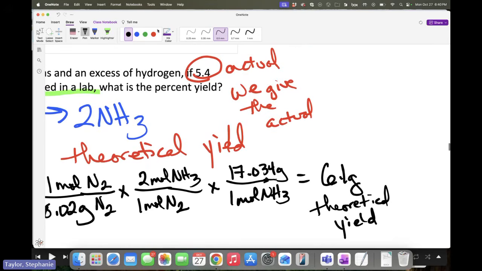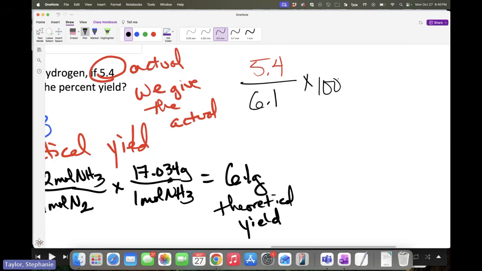The percent yield is the actual divided by the theoretical times 100%. So actual divided by theoretical times 100% equals 88.5.